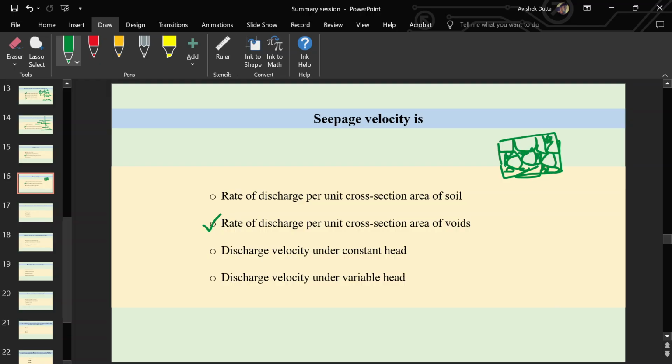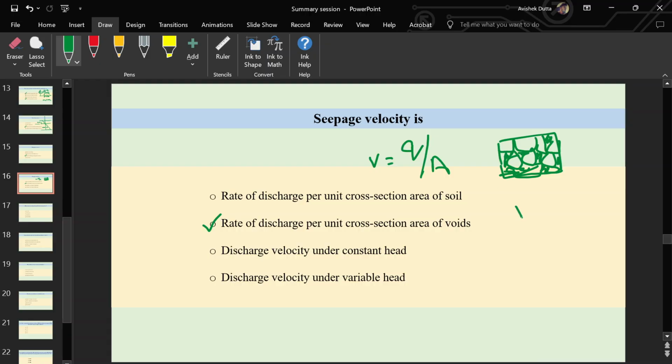Now generally, as per Darcy's law, Q equals KIA, we say the discharge velocity V is equal to Q by A. A is the entire area of cross section, but water is not flowing through the entire cross section, it is flowing only through the voids.